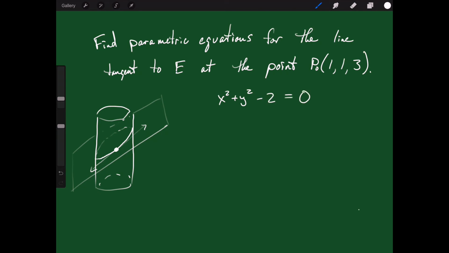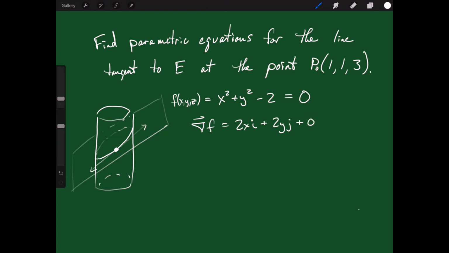So I might say, okay, what is the gradient? This was f. So what's the gradient of f? Well, it's the partial with respect to x, which is 2x in the i direction, plus the partial with respect to y, which is 2y in the j direction, plus the partial with respect to z, which is 0 in the k direction.